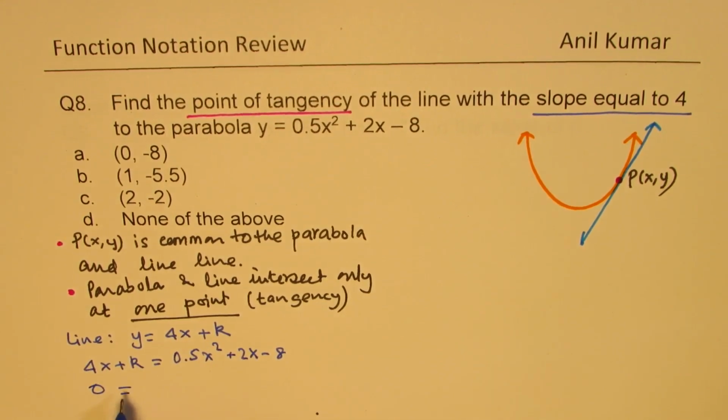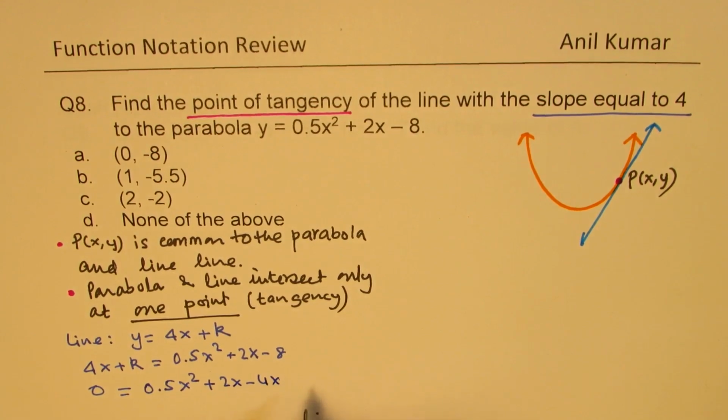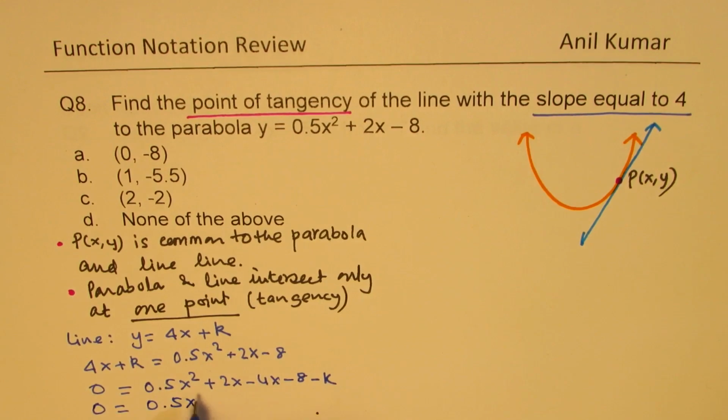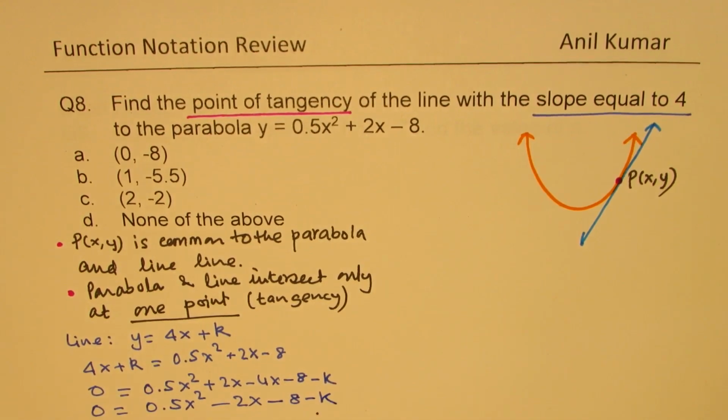Taking this on the right side, we get 0.5x squared plus 2x minus 4x minus 8 minus k, right? So basically we could write this as 0.5x squared minus 2x minus 8 minus k. So that becomes our quadratic equation to solve.